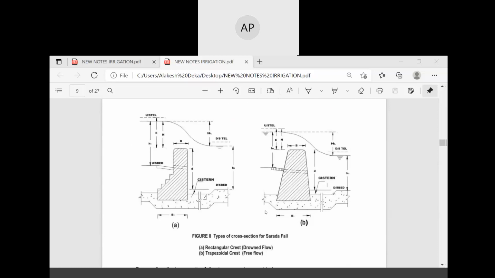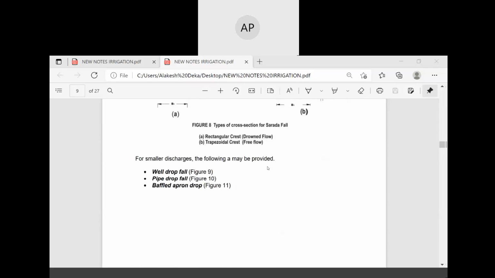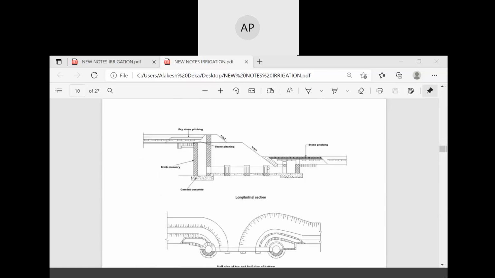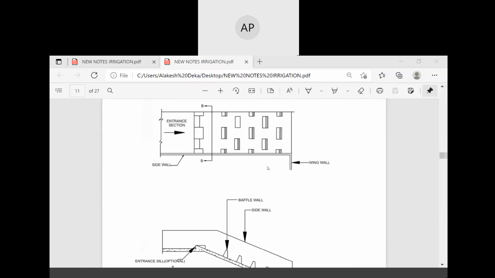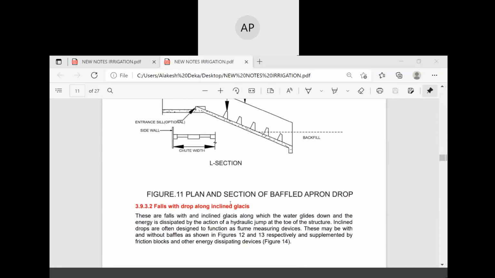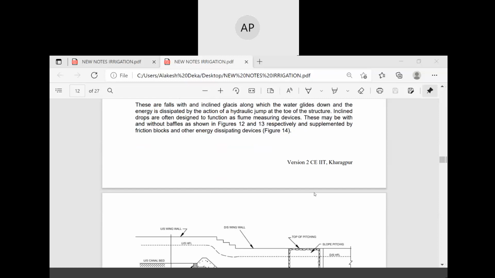These are the typical cross sections of a Sarda type fall; the shapes are rectangular and trapezoidal, respectively. These are the speed entrance section and the planar section of a baffle apron drop.